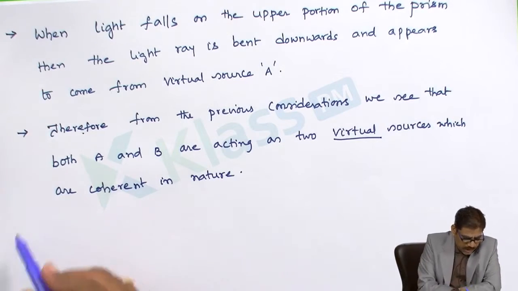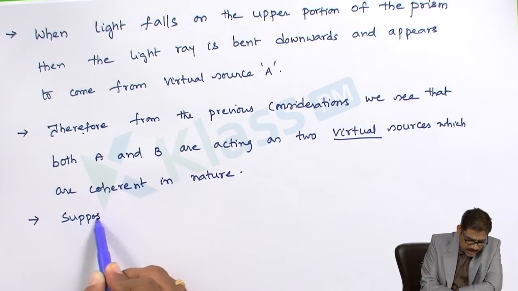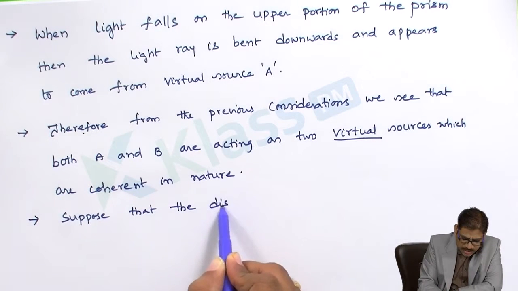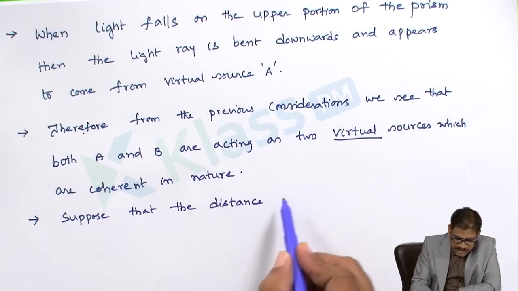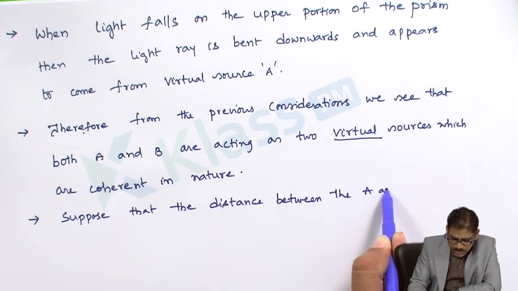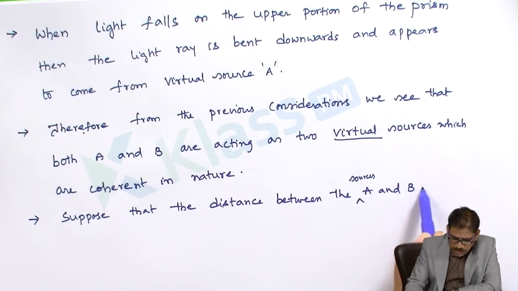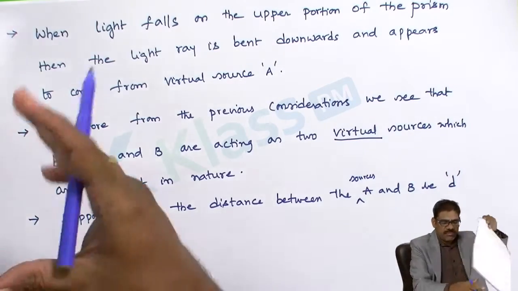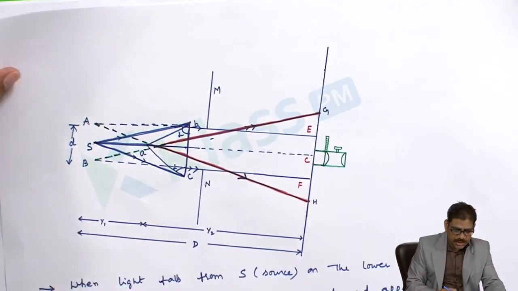Okay. Now, in the similar case, let us suppose that the distance between this, already we have done when constructing the diagram. We suppose that the distance between the two coherent sources, between the sources A and B, is small d. So that we are confirming from the figure itself. So here the distance between A and B is taken as small d.